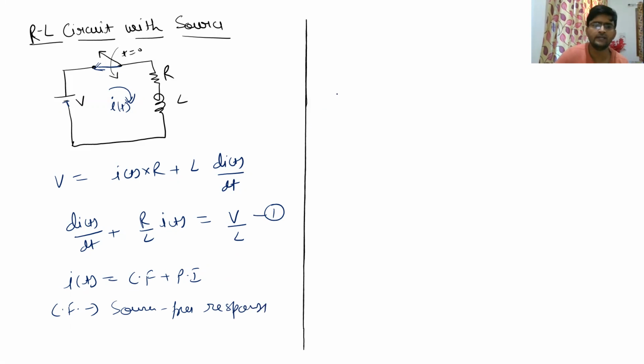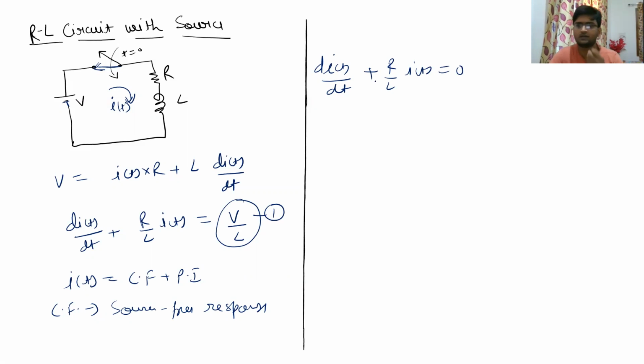So for calculating the CF, we will just assume this V by L as 0. So our equation will be dI(t)/dt plus R by L I(t) is equal to 0. So this is a simple differential equation. And if you want to solve it, how will its solution be?